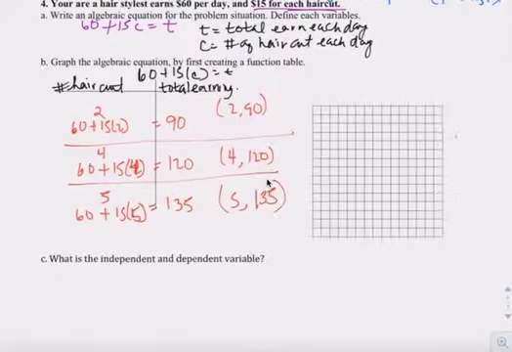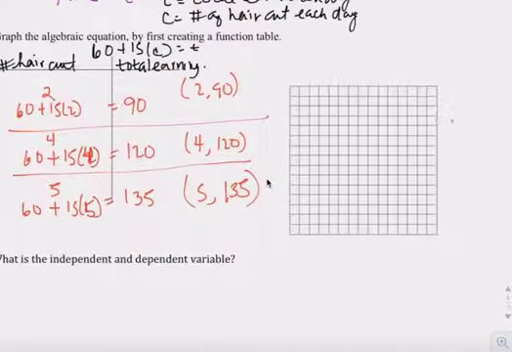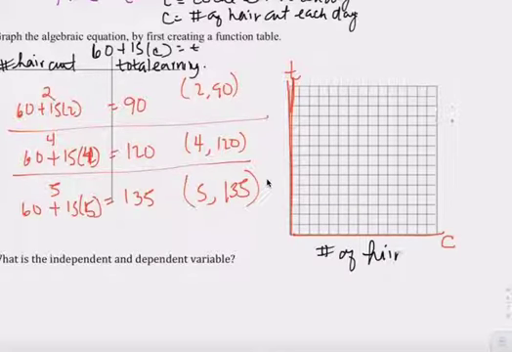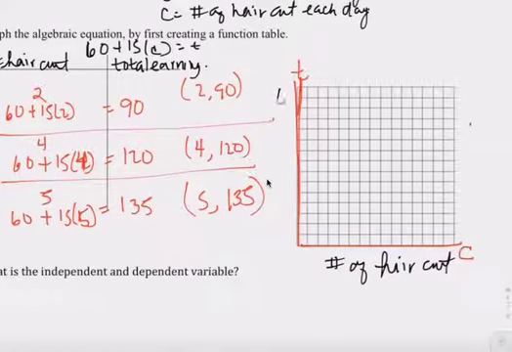Okay, and so forth. You need to know how to do this for tomorrow, for Friday's quiz. You need to know that this is C for the haircuts, T for total earning. This is the number of haircuts.